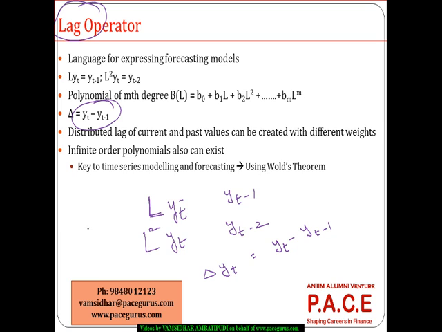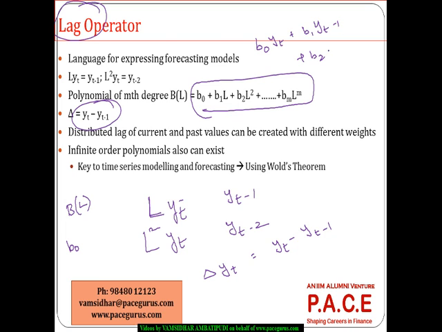In general, we even talk about B of L, which is a polynomial of the mth degree, given by b0 plus b1 L and so on. L is nothing but Yt minus 1. So it's as good as b0 Yt plus b1 Yt minus 1 plus b2 times Yt minus 2 plus up to bm times Yt minus m.